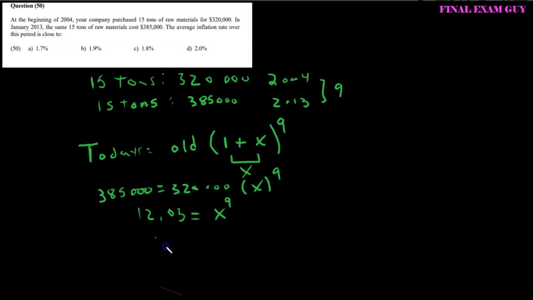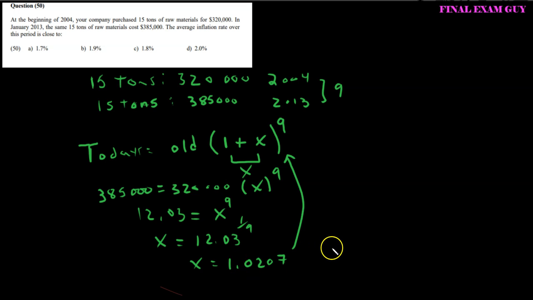So I just like to write X is equal to 1.203 to the power of 1 by 9. So you get an actual value of 1.0207. And if you remember, I said that the bracket value over here is of the form 1 plus x.